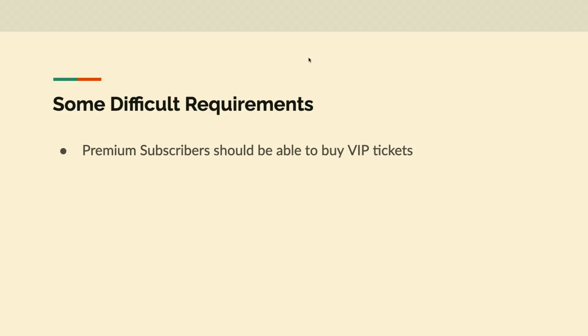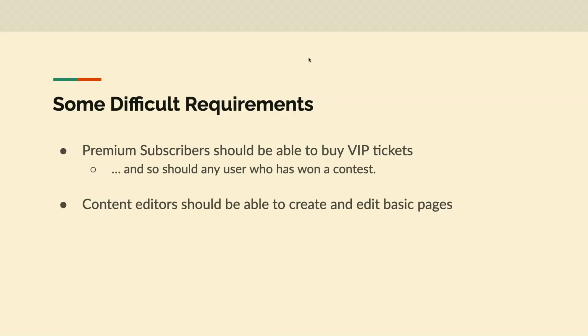But then you get another requirement that says, so should any user who has won a contest. Do you want to create a contest winner role? That doesn't really make sense. Roles kind of break down when you add that second requirement. Imagine you have another requirement that says content editors should be able to create and edit basic pages.